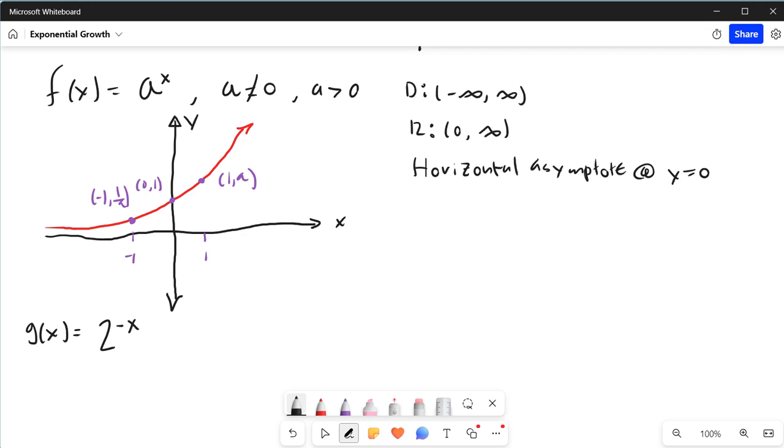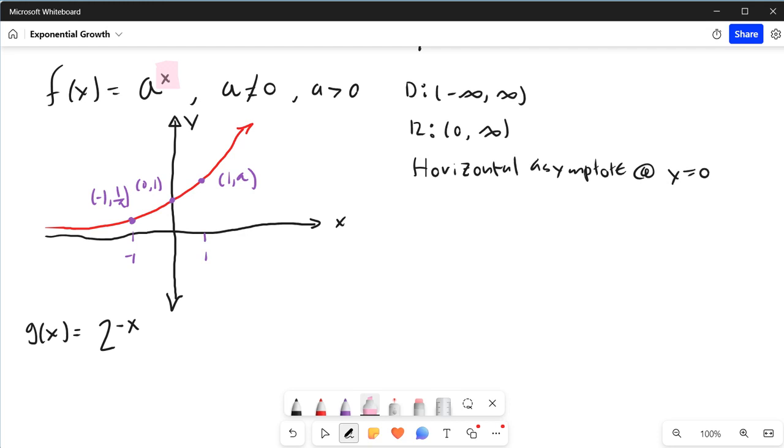Well, we know that the graph of f of x has a base of 2. But here the difference is that there's a negative x.